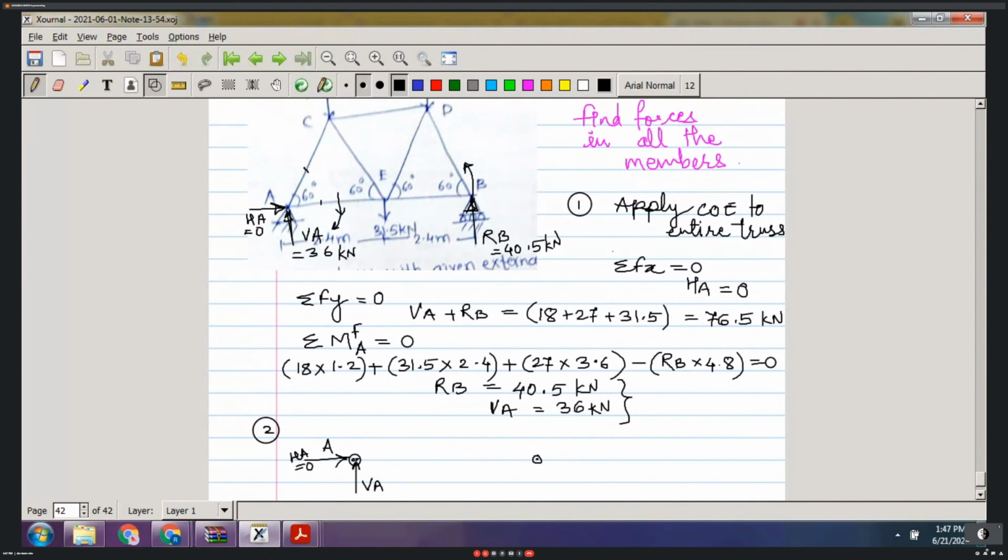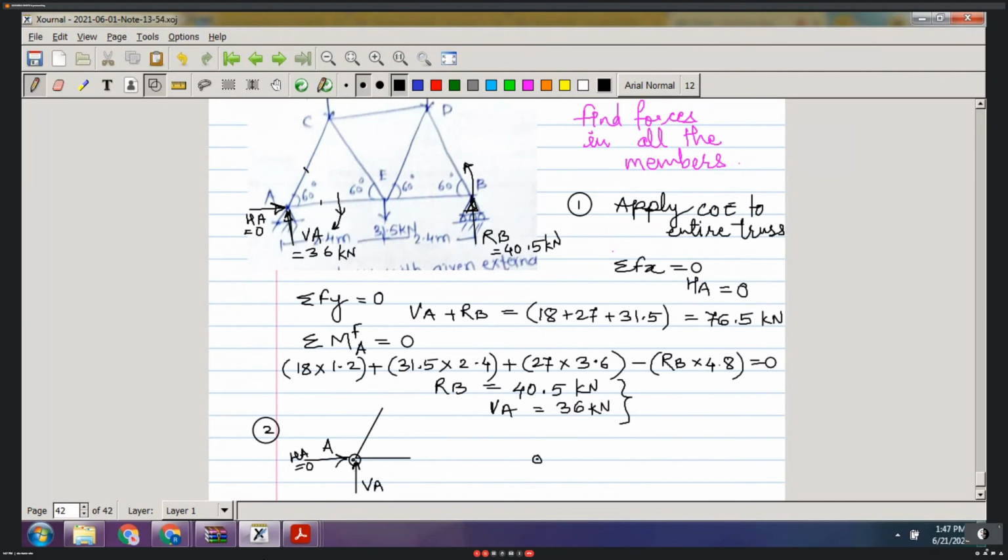There is one force in this way, one force in this way. So there will only be 2 unknowns, and you know that at this point a concurrent coplanar force system is generated, which is A's point of concurrency.